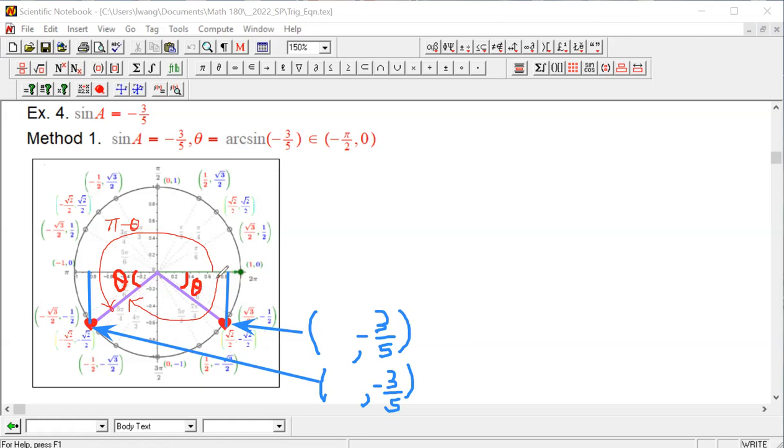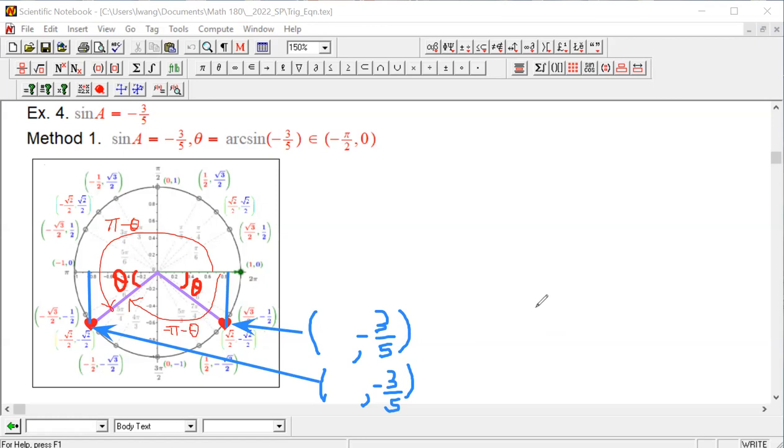So in this case, this is theta, and in this piece it's actually negative pi minus theta.